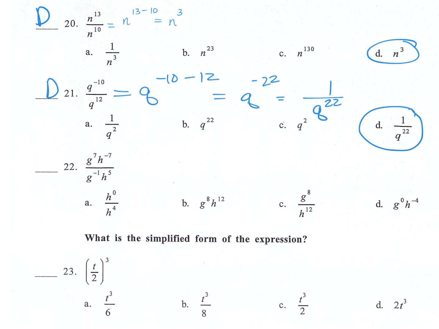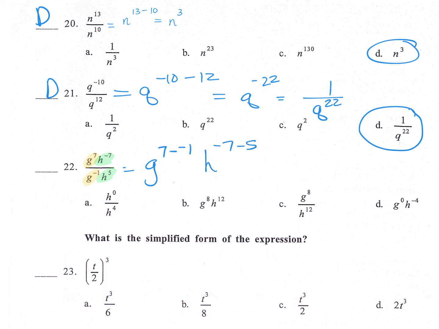Number 22, equal sign, fraction bar. Well, actually, wait, let me take that back. No, I'm going to put the g's together first. Sorry, guys. So I'm just looking at the g's. That's going to give me g to the 7 minus negative 1. And then next I'll put the h's together. So the h's will go h to the negative 7 minus 5.